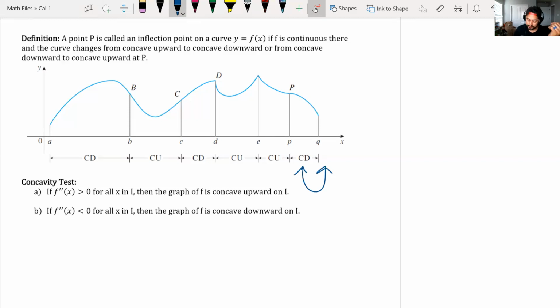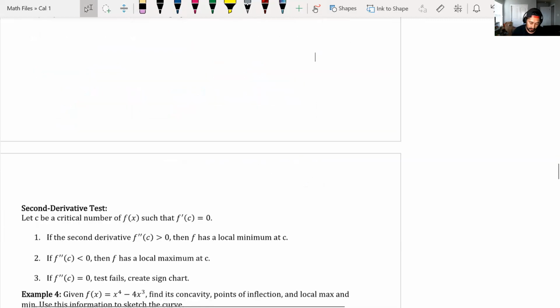If your second derivative is negative, you're concave down. Okay. Or maybe you're even concave up, and then you go to concave down, or the other way around. So, something to think about when it comes to concavity.